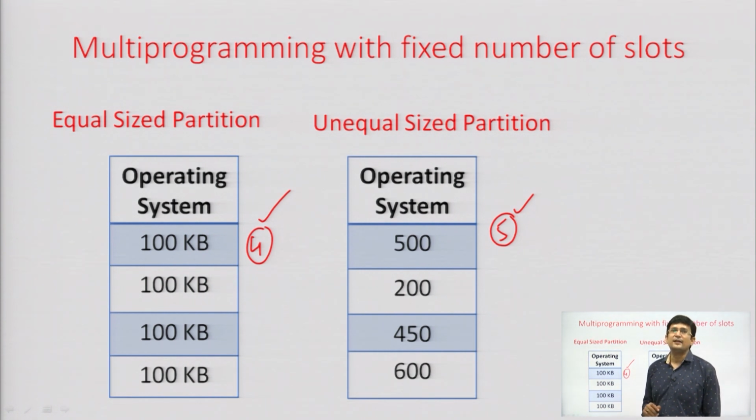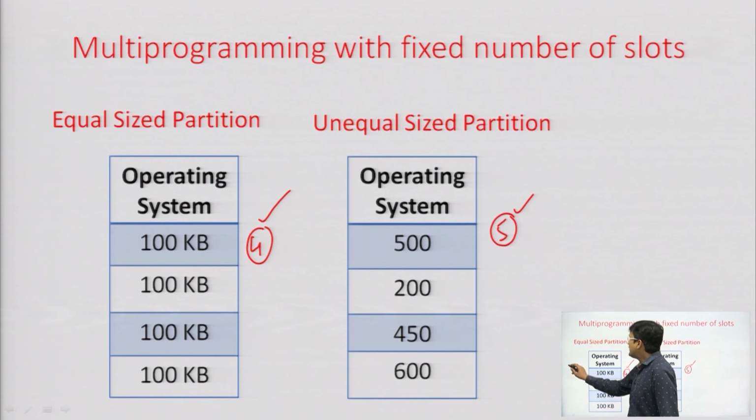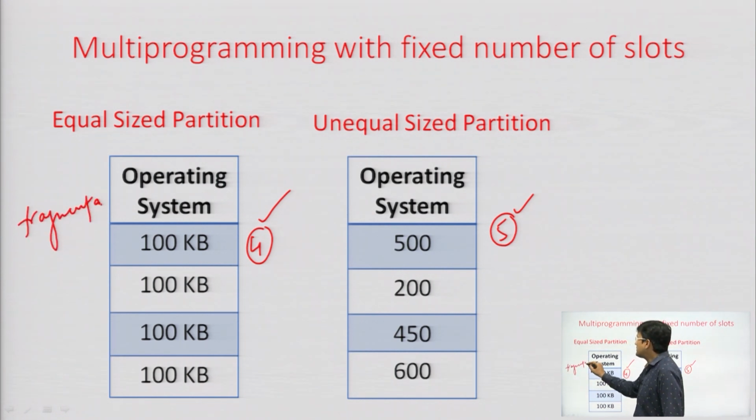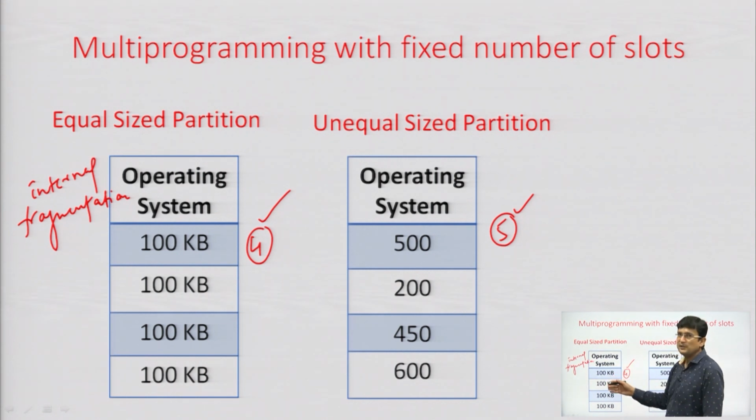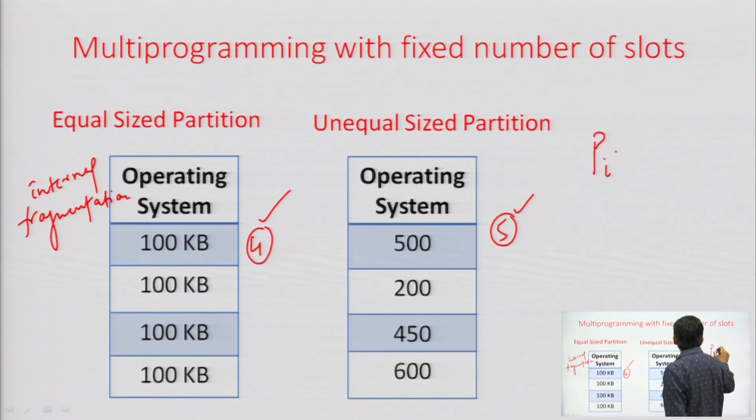We also have seen that in the case of the fixed partitioning schemes, there is a disadvantage of fragmentation, and that fragmentation is the internal fragmentation, because the space being wasted while storing the process cannot be utilized for storage of another process. For example, if we take the left hand side scheme or the right hand side scheme, meaning the equal size and the unequal size partitioning scheme, let us say we are going to accommodate a process Pi of size 404 KB.